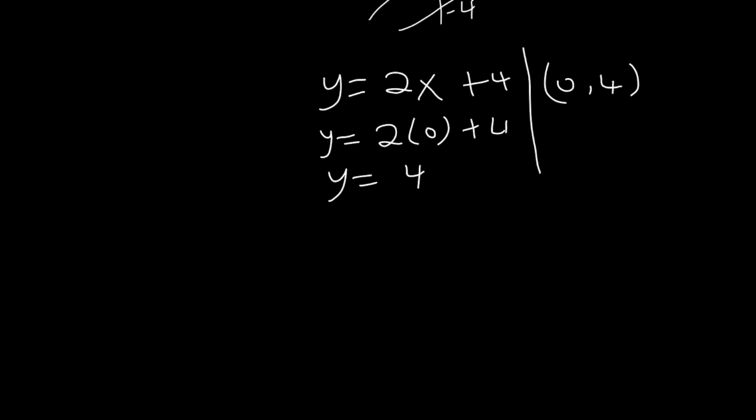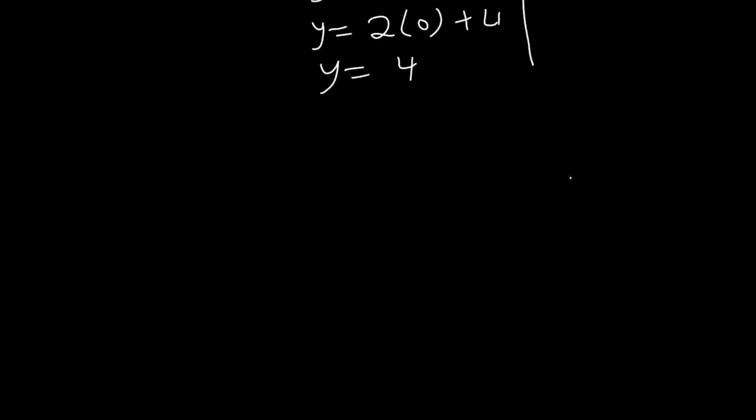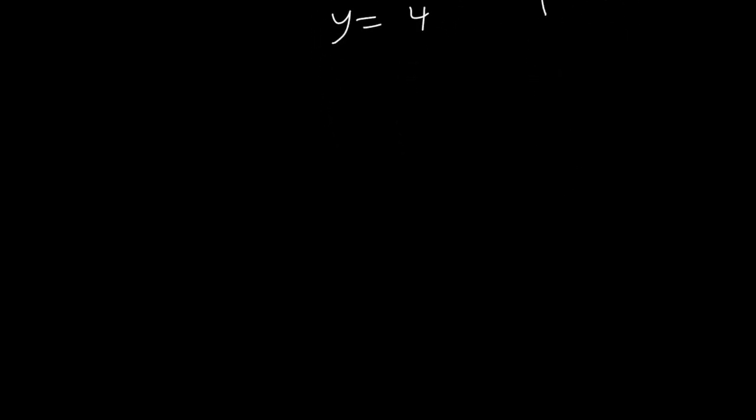Right, so we have 1 point. Let us look for the next point. We're still going to write down the 2x plus the 4. In this case, we're going to let y be 0.